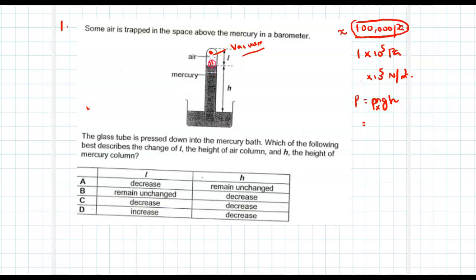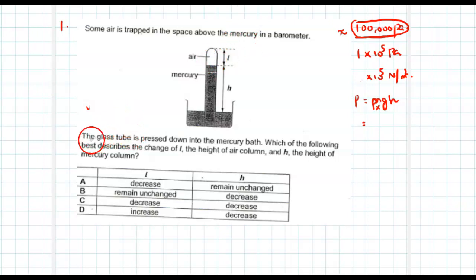So this pressure will push the liquid down, and automatically this level of 76 centimeters will go down, like 74, 73. It depends on how much air is inside. We should not have air in it, but unfortunately some air is trapped here. So there is a pressure.